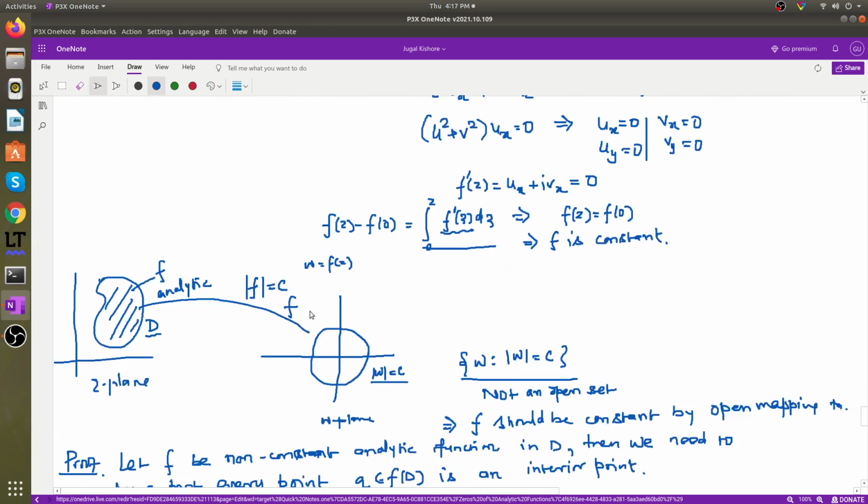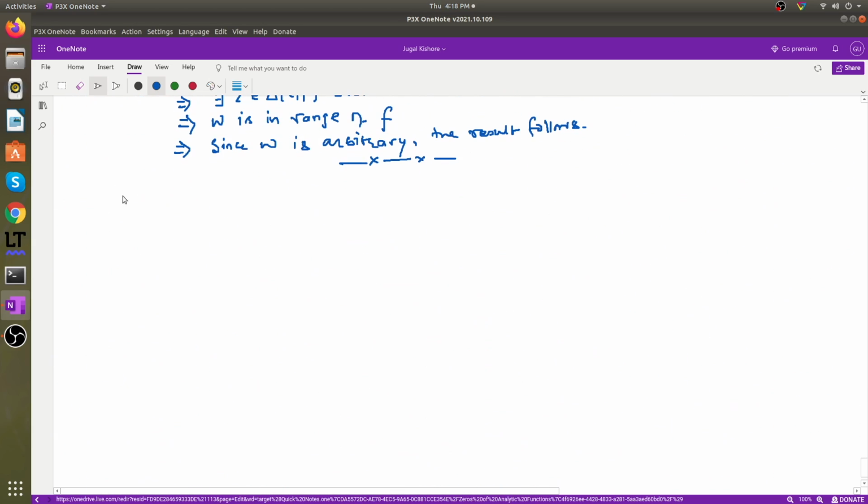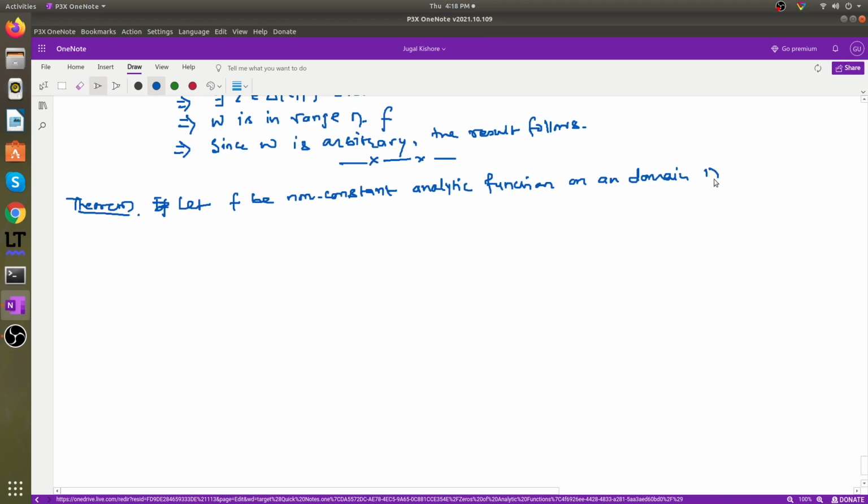So we may have another result: let f be a non-constant analytic function on a domain D, then f(D) is a domain. Okay, that we need to prove.